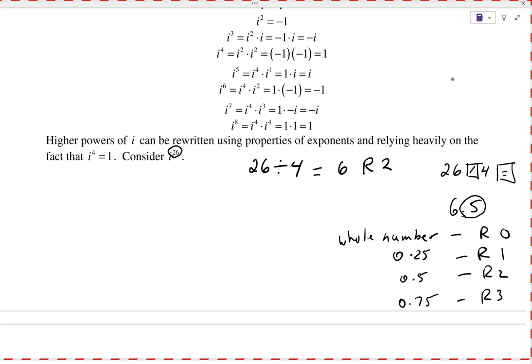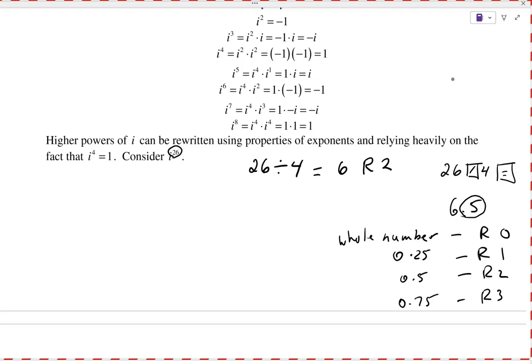So you don't have to do long division to figure out the remainder. The remainder is represented by the decimal. If you don't have a decimal, 4 went into it evenly, so the remainder is 0. If you have a 0.25, the remainder is 1. A 0.5, the remainder is 2. 0.75, the remainder is 3. This has a remainder of 2.